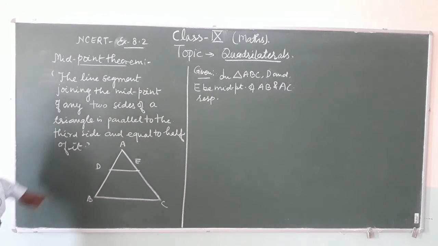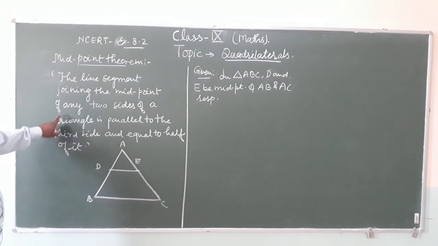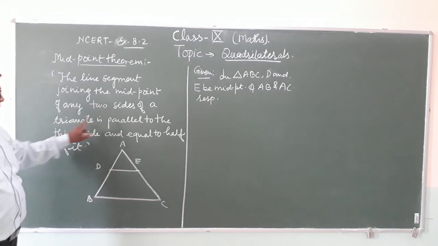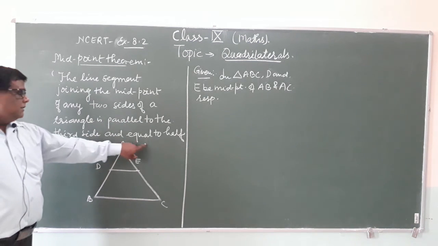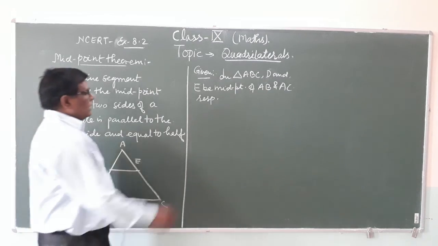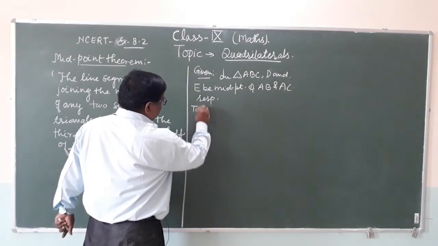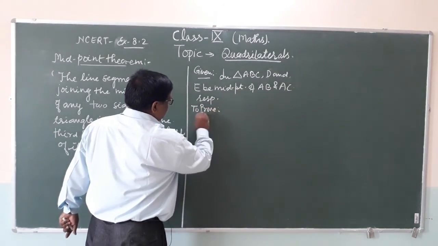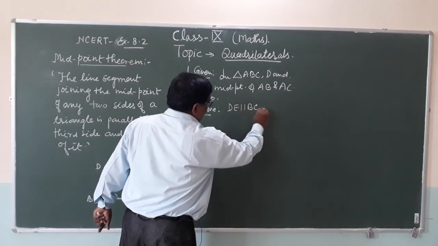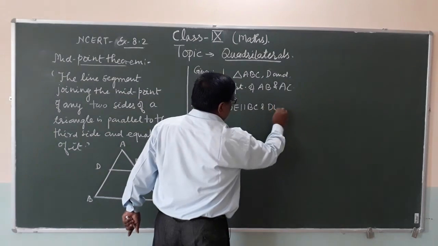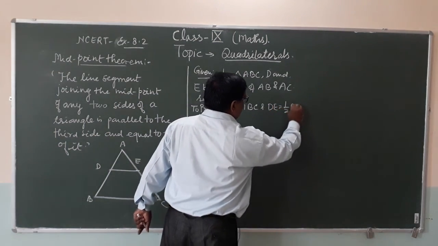And what is our proof? We have to prove that the line segment joining the midpoints of two sides of a triangle is parallel to the third side and equal to half of it. Now our proof is that DE is parallel to BC and DE is equal to 1 by 2 BC.